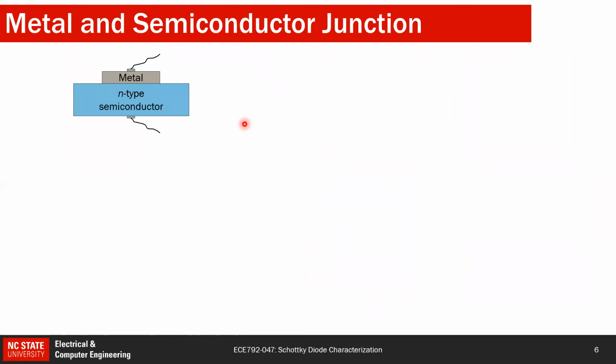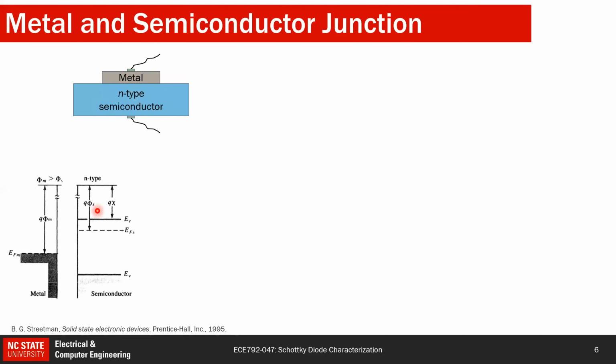First of all, I want to show you how a metal and semiconductor junction works, and how the band diagram looks. Here, let's say we have an N-type semiconductor, and then there is a metal that we place, which is a Schottky contact. If both are separate initially, the metal will have a Fermi level, and from the vacuum level there would be a work function for each particular metal, and different metals can have different work functions.